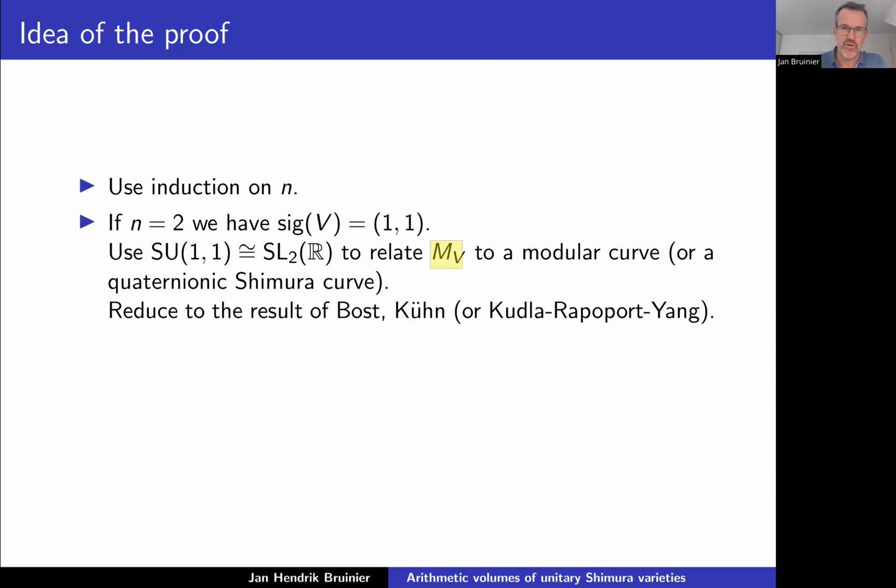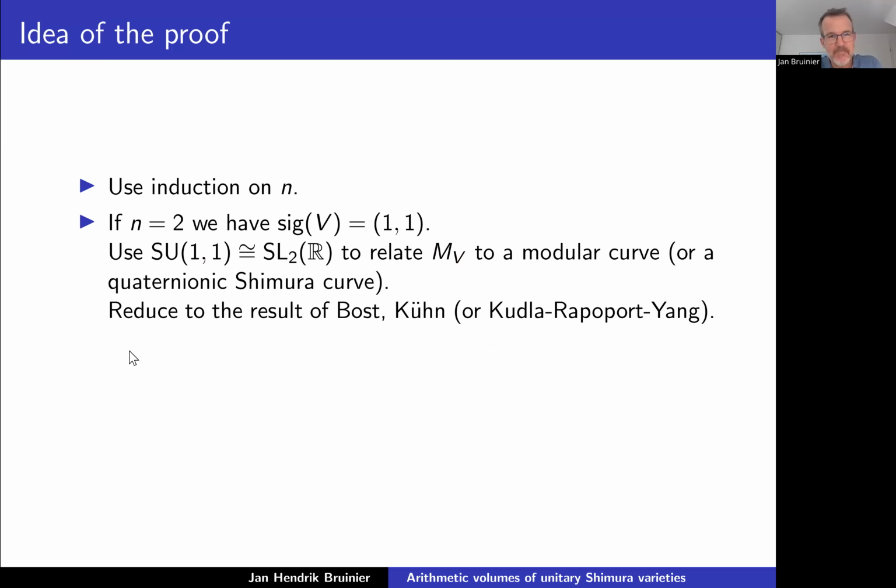And this also works over the integral models. And one can reduce this result on the volumes to the corresponding results for modular curves and Shimura curves. So in some sense, these results are due to both Kühn and Kudla-Rapoport and Yang. Okay, so this is the base case.